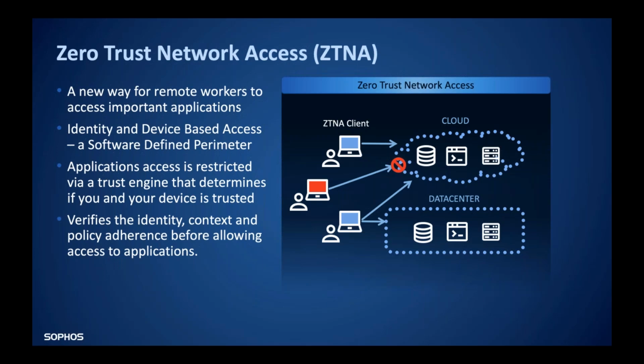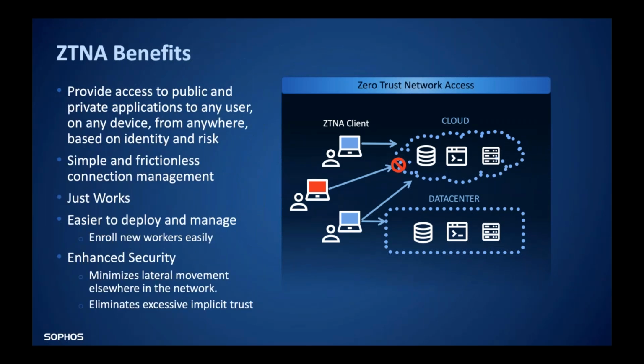on that policy. So this has a number of benefits over VPN-based solutions, which we all know have this problem of broad access, not very granular, difficult to manage and deploy, and often a less than transparent user experience. So what does ZTNA bring to the table?